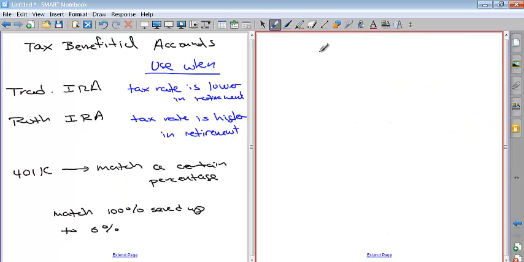So I may put something like this on your exam as a number question. Let's say your income is $100,000, just to make it easy, and your 401k match is 100% up to 6%.